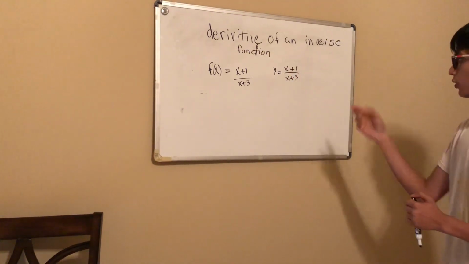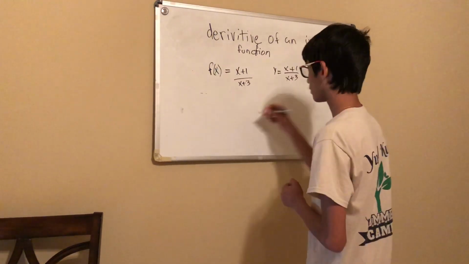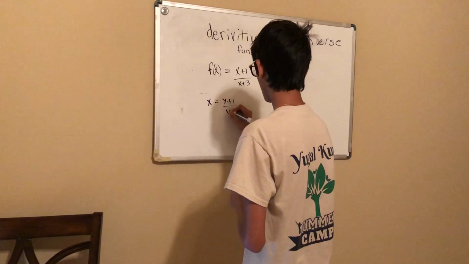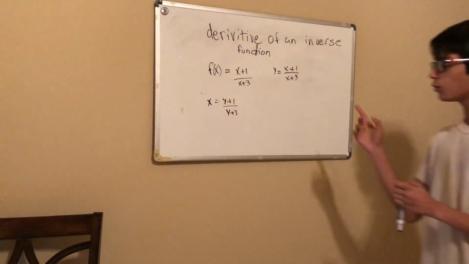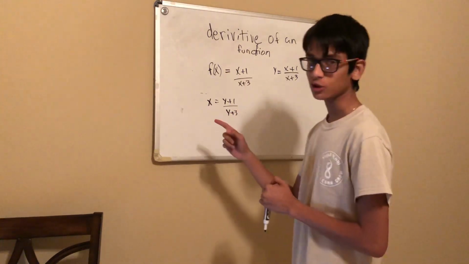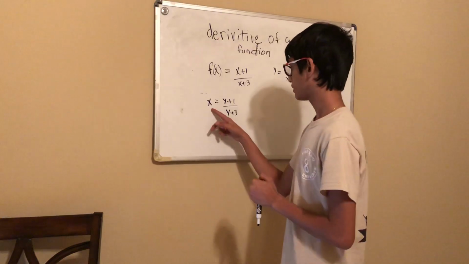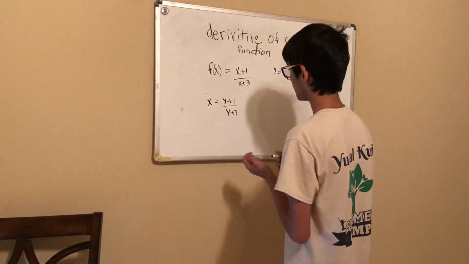And now, using our rules of finding the inverse function, we get x equals y plus 1 over y plus 3. And now we need to make it so that there's one y on one side and there's x's on the other, right? So we multiply this by that. You cross multiply, and that would be your first step.